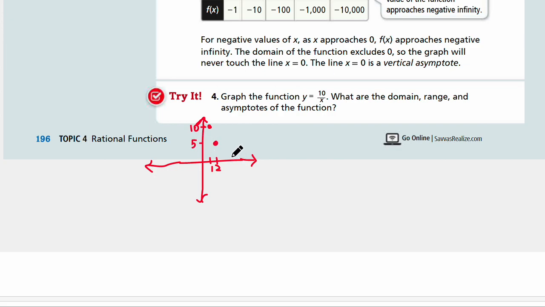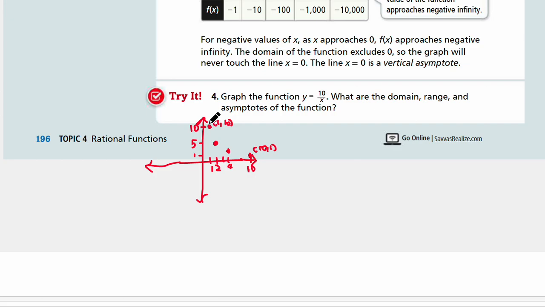And then when x is equal to 3, 3.33, and then 4, 2.5, and then until when x is equal to 10, you have 1. So this is 1 comma 10, and this is 10 comma 1.